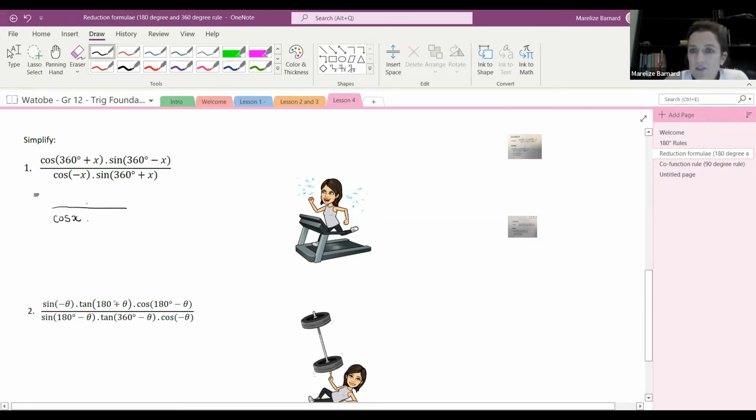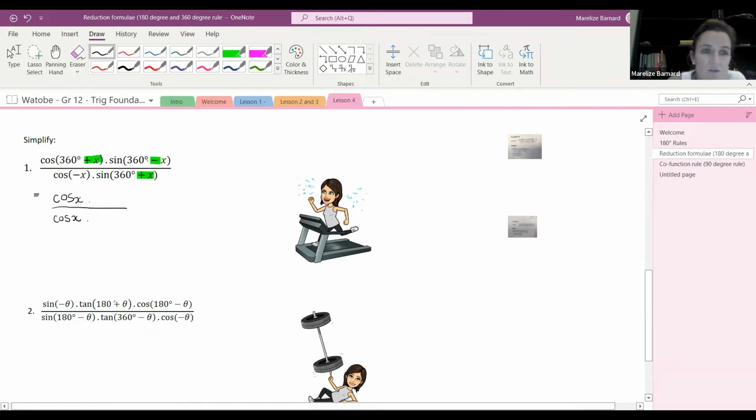Okay. There's just one thing you have to be careful of. This is 360 plus x and 360 plus x. So that is actually in quadrant 1. So both cos and sine in quadrant 1 are positive. Be careful when you read it that you don't misread it as a minus. So this one over here is 360 minus, but the other two are 360 plus. So cos 360 plus, we can reduce that to cos x.